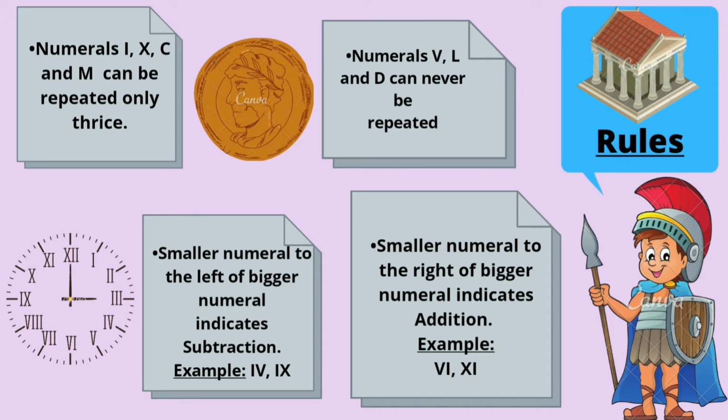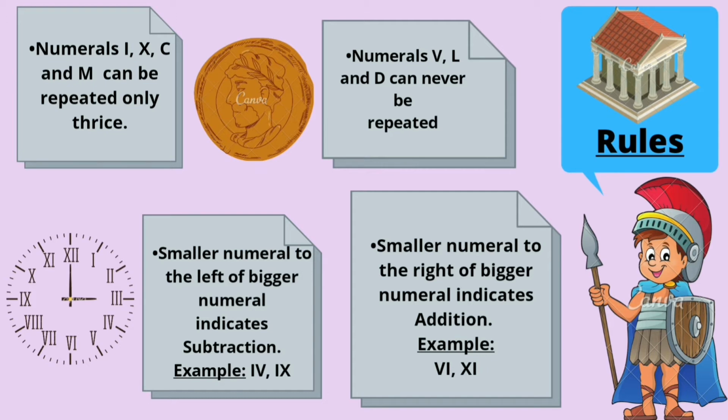So I is a smaller number and it is to the left of 5, which leads to subtraction between the numbers, and this leads to the value 4, which is represented by IV. You will understand rules 3 and 4 properly when I will be solving sums.